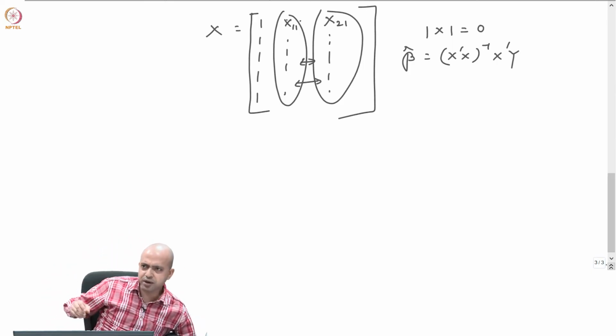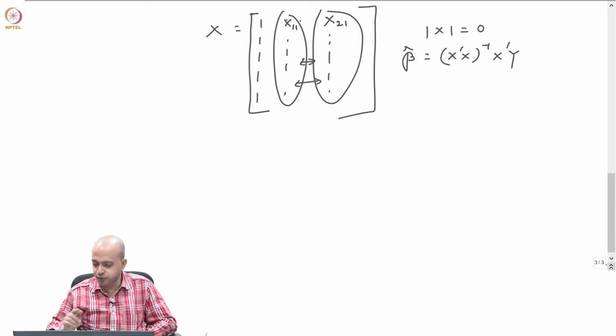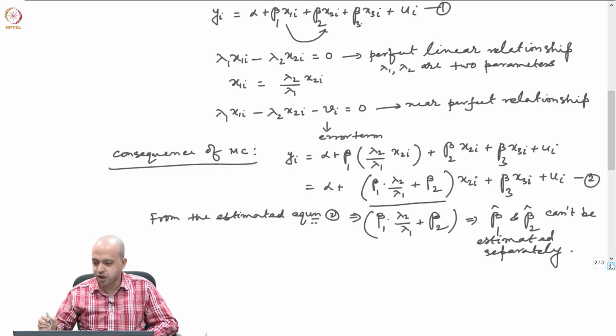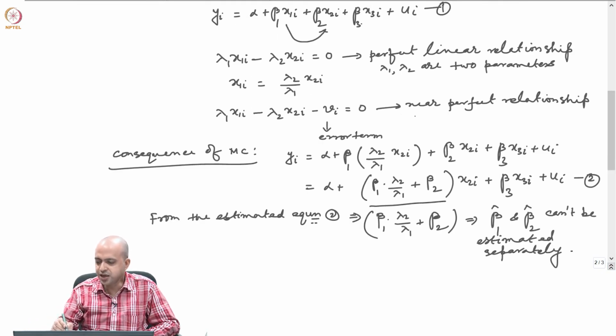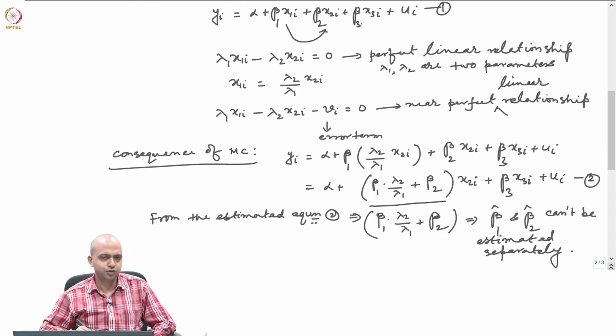But what will happen if you do not have perfect linear dependence, but a near perfect linear relationship? What would be the consequences of that?